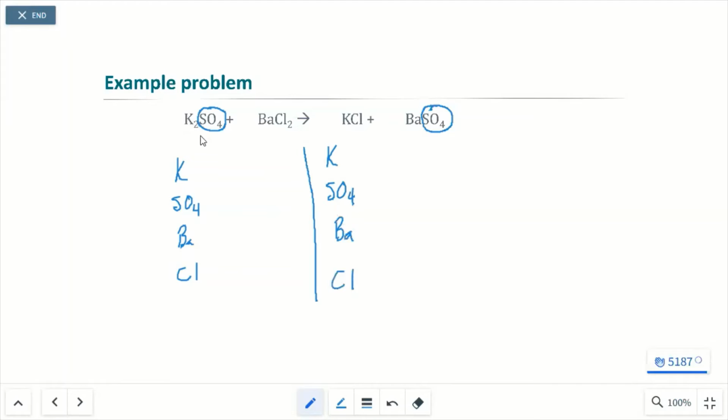Now doing that, I can see I have 2 potassiums, 1 sulfate, 1 barium, 2 chlorines. On the flip side, I have 1 potassium, 1 chloride, 1 barium, 1 sulfate.